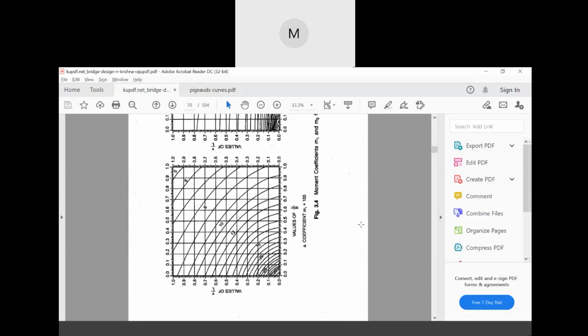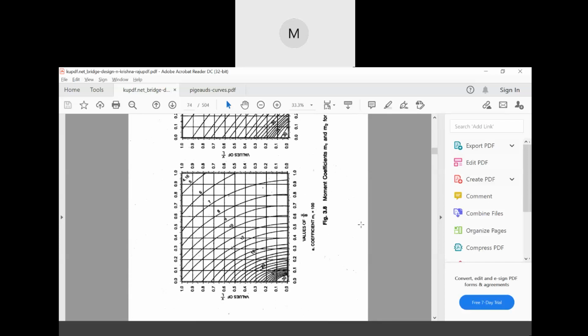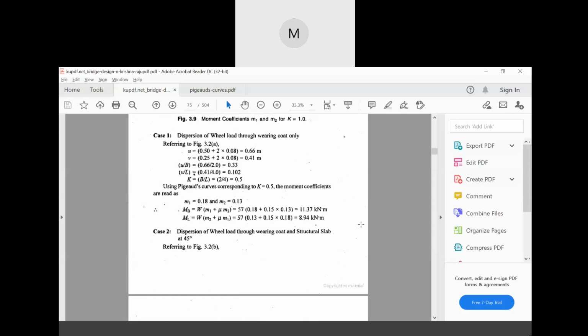Now, if you see here, dispersion of wheel load through wearing coat only.